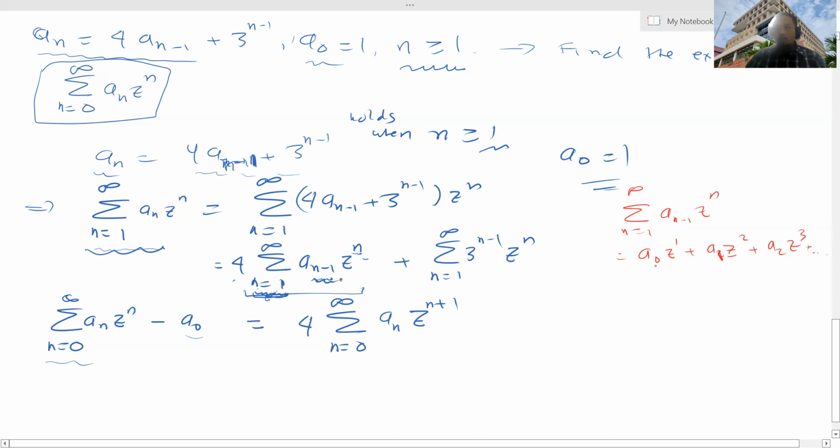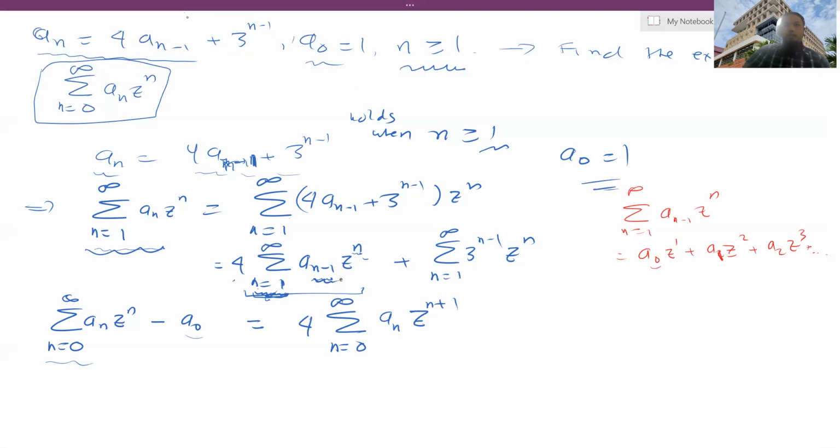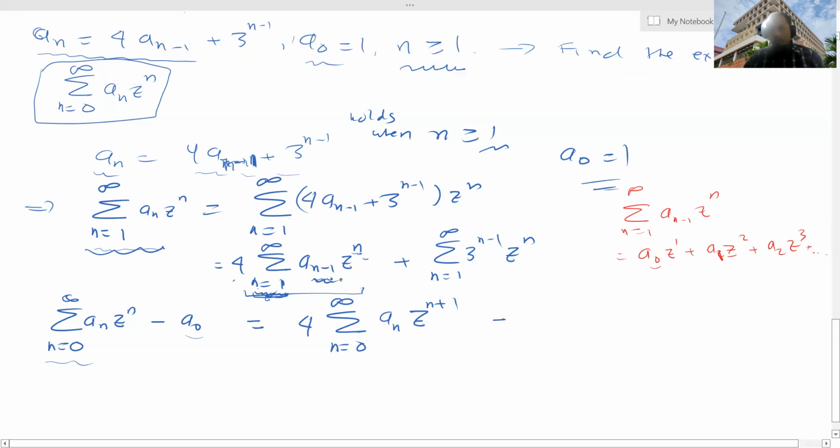So it's the same as starting from 0, but the power of z starts from 1, so n plus 1 here. Now, what about the next term? Again, we subtract the index by 1 so that you start from 0, from 0 to infinity. Then you add 1 to this and this, so you have 3 to the power of n z to the power of n plus 1.